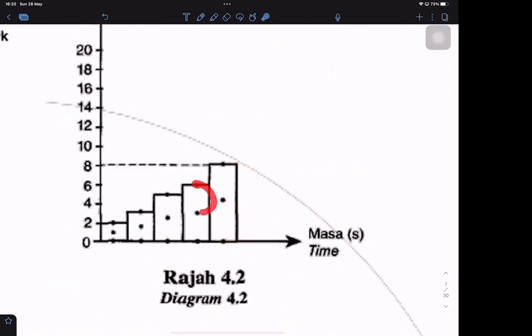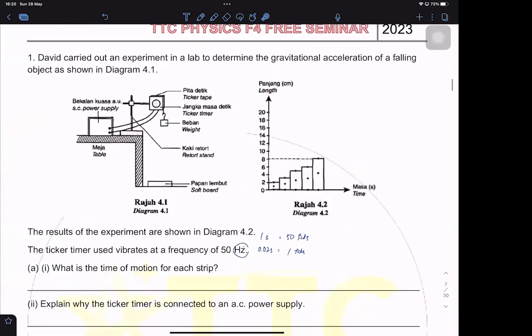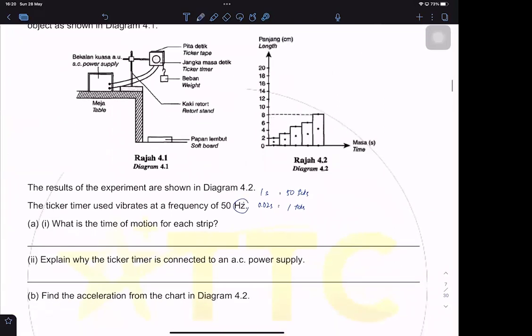Every strip is only 2 jumps. So the time is 2 times 0.02. That is 0.04 seconds. That is the time taken for each strip. Okay?